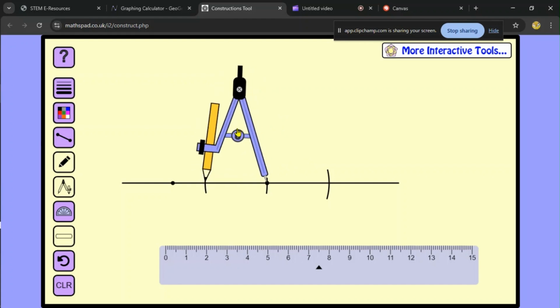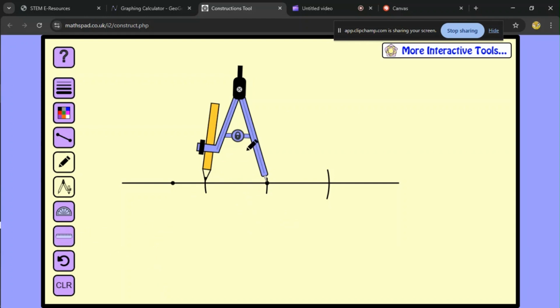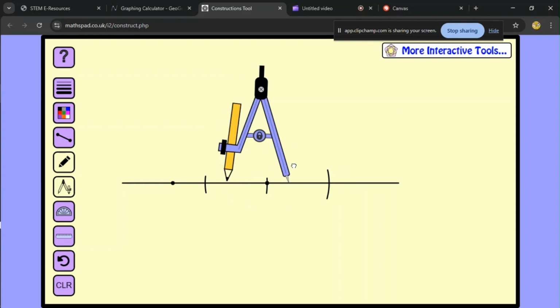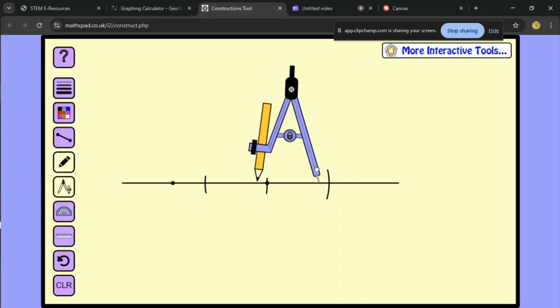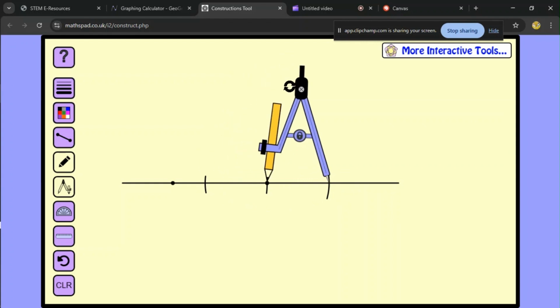So I have that. Now, after putting a mark here, let me remove this ruler. I will come and use the two marks that I've put here. I take the sharp end to the first mark, this one, and put my divider there.